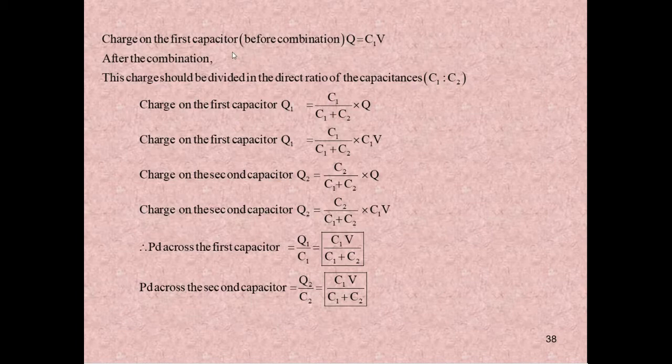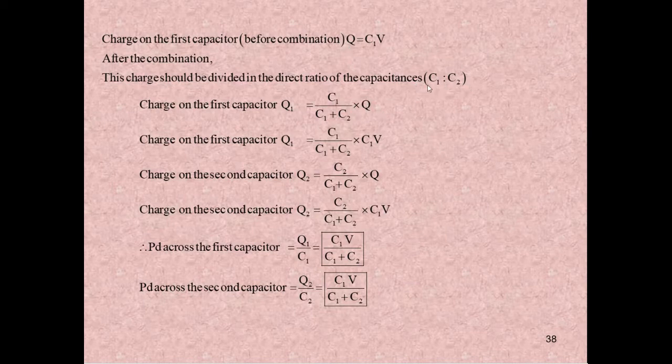See, charge on the first capacitor before combination is C1V. After the combination, this charge should be divided in the direct ratio of capacitances, C1 is to C2. Therefore, charge on the first capacitor is C1 by C1 plus C2 into Q, just dividing the total charge Q in the ratio C1 is to C2.